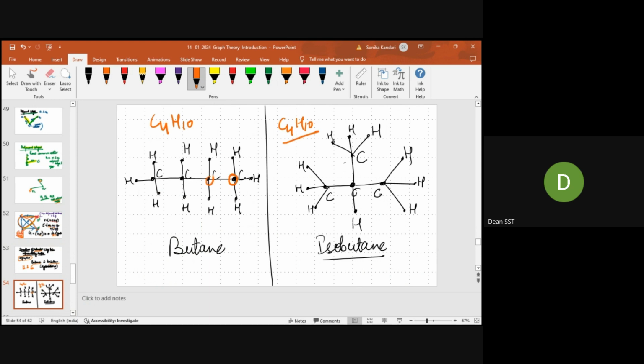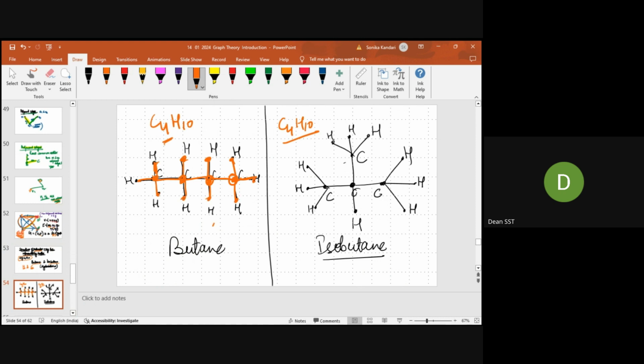See 1, 2, 3, 4. These are the nodes, C4. Now H10 are connected in this way. These are simple bonds, represented in the form of a graph. The H atoms are also nodes.